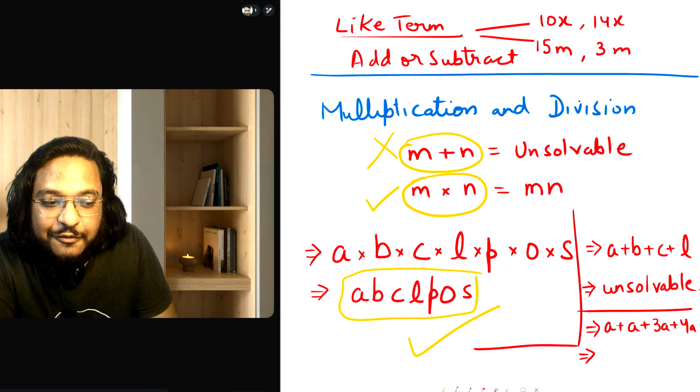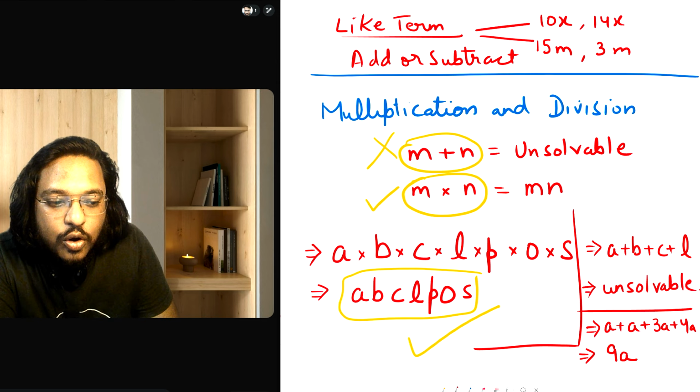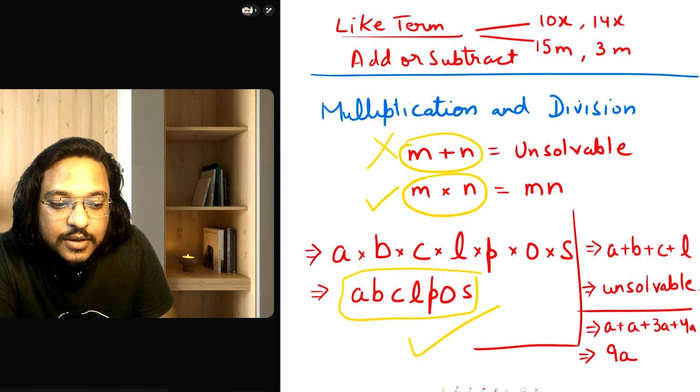And 5 plus 4 is how much? 9A. So we'll write the answer as 9, and because they all had the same letters, they are all like terms. So the answer is 9A. Okay, you don't skip the A. So the answer is 9A.